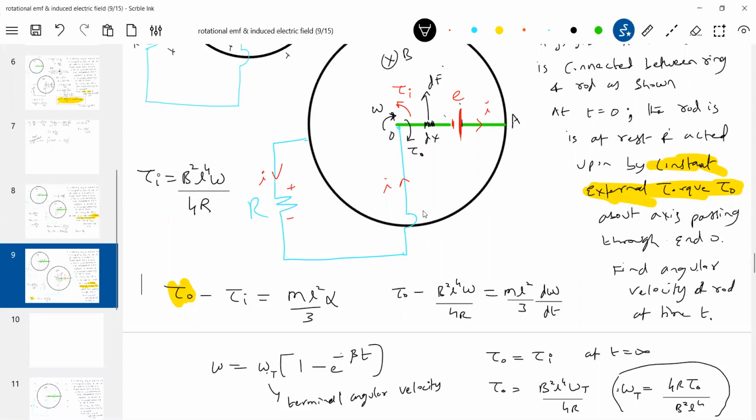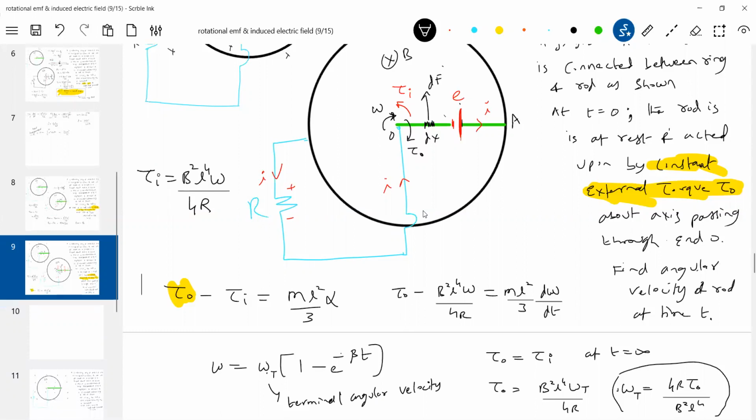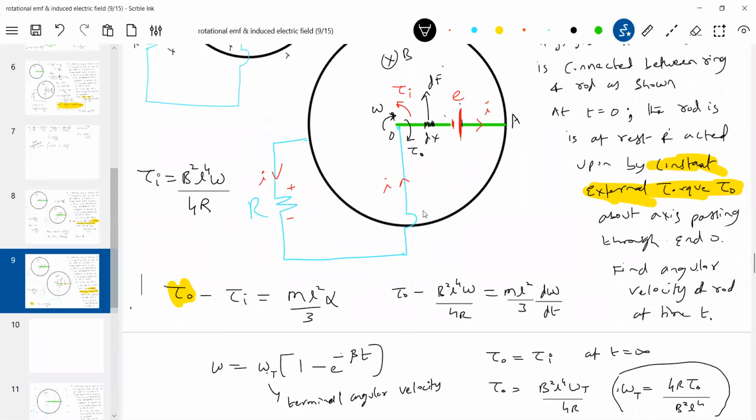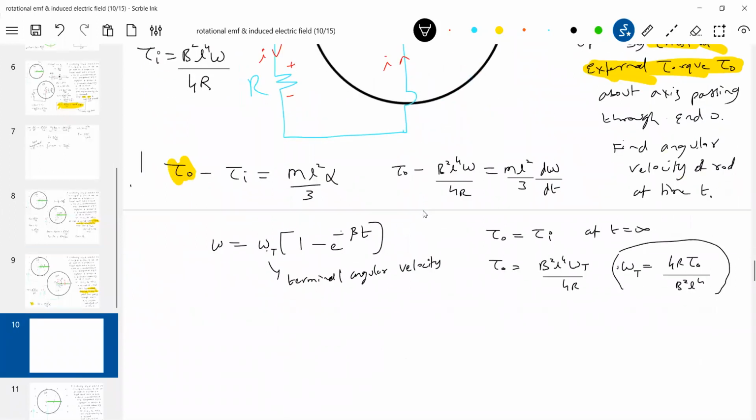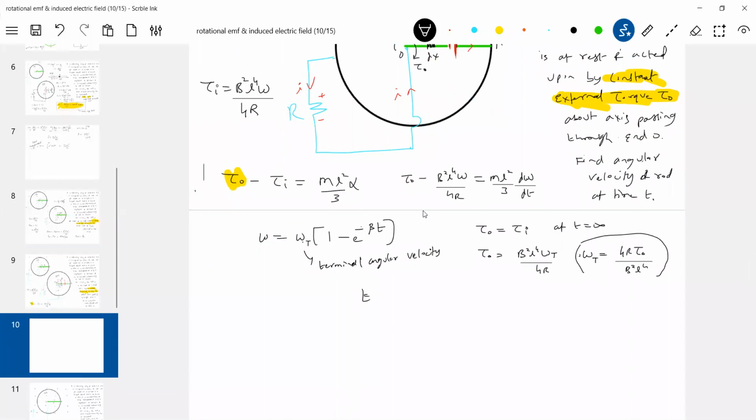And what about the energy relationship? What about the energy relationship here, for t less than infinity? What about the power generated by the external agent?